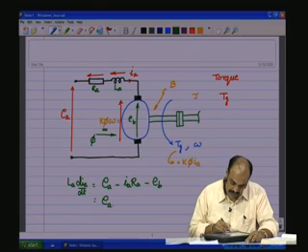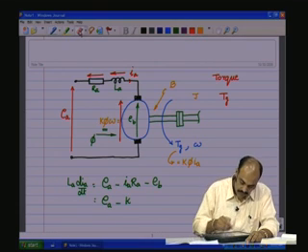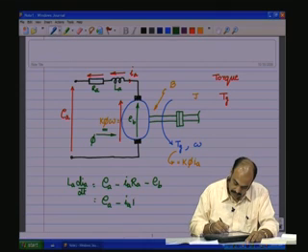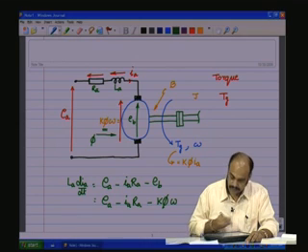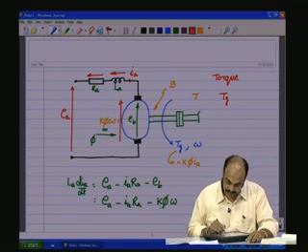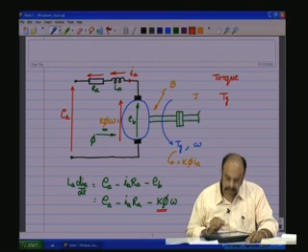So it is EA minus IA RA minus k phi omega. For the moment we are considering phi as a constant.